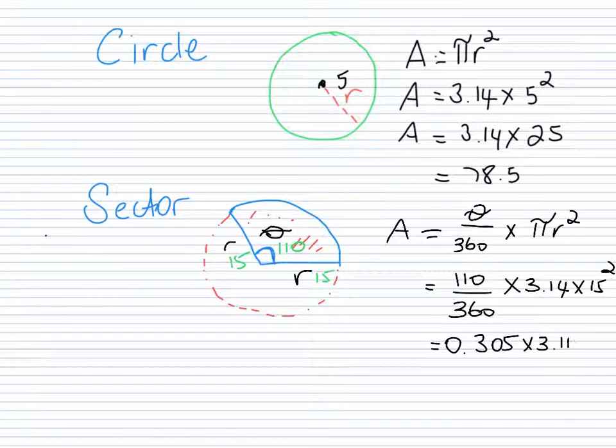Multiplied by 3.14. 15 squared is 225. So we have 0.305 times 3.14 times 225, and your answer is 215, and I'm going to round this up to 0.5. So that is basically the area of this sector here.